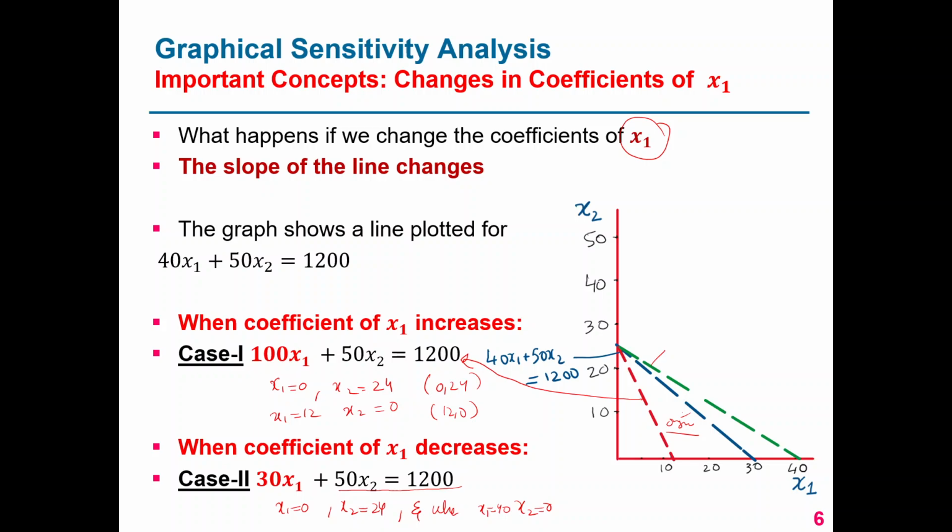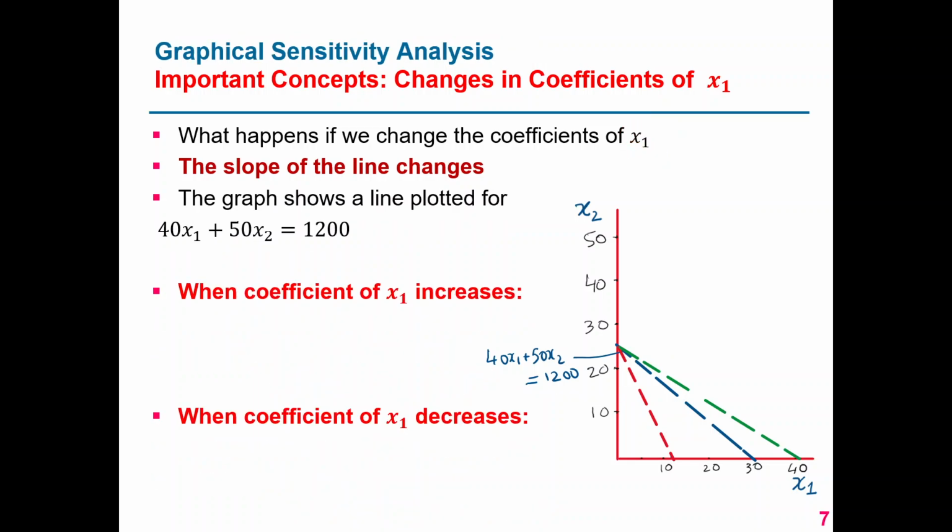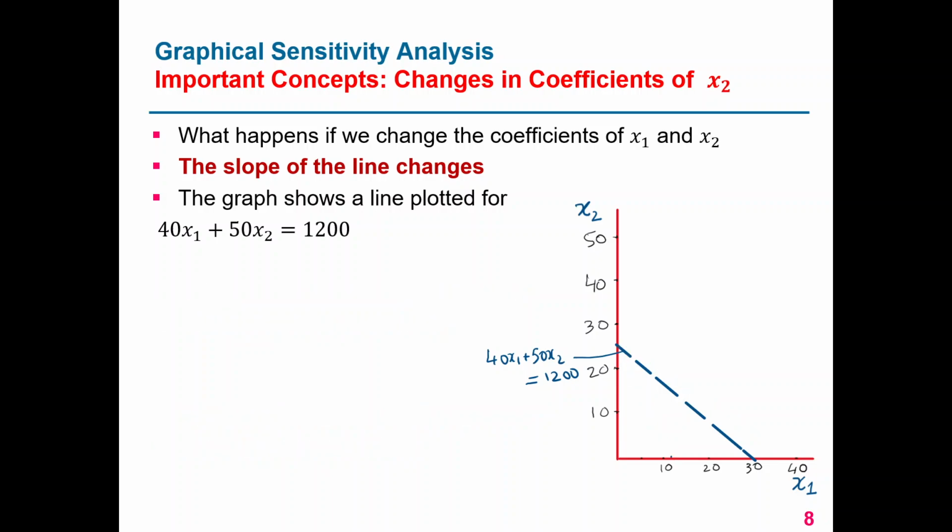In a nutshell, when the coefficient of x1 increases, the line becomes steeper, and when the coefficient of x1 decreases, the line becomes flatter. Now let's see what happens when we change the coefficient of x2.